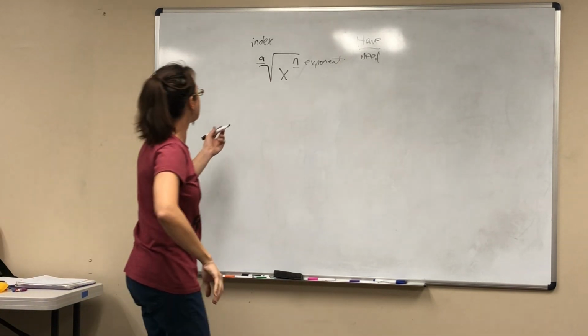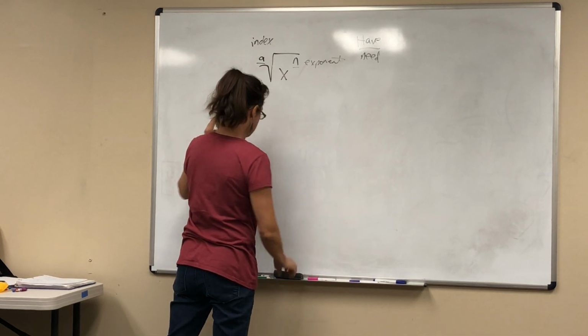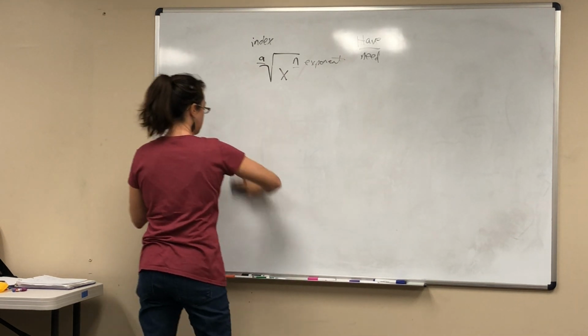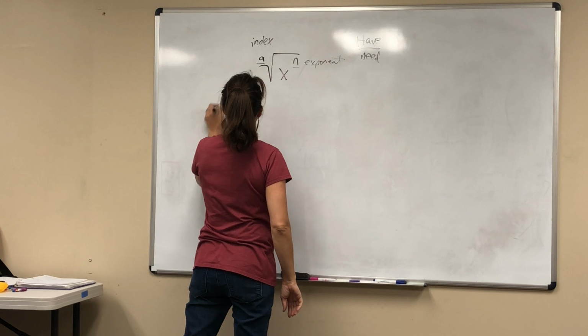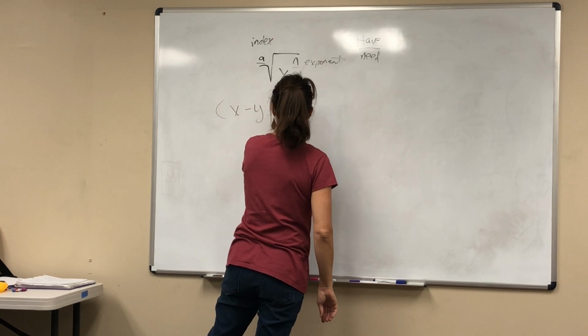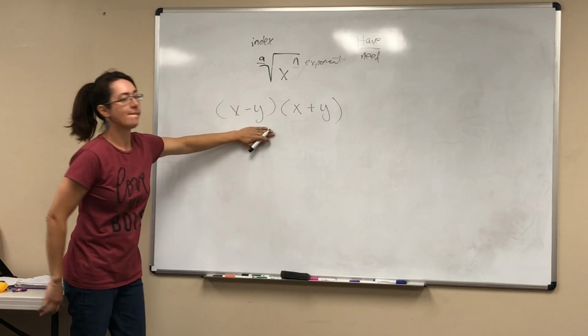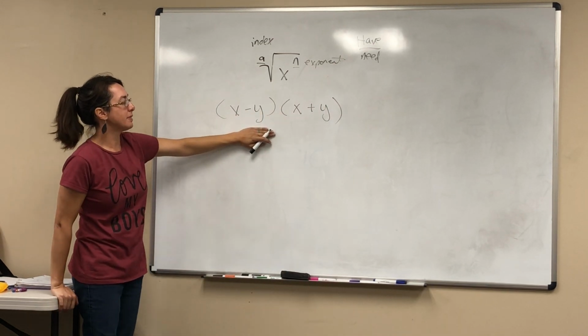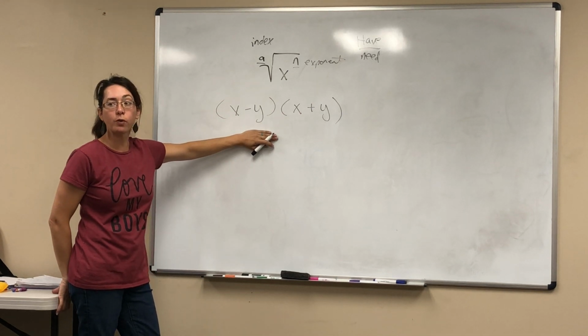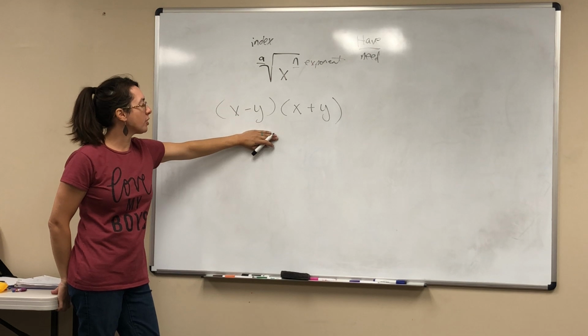Okay, so when we are looking at polynomials, x minus y times x plus y, and we use FOIL, correct? First, outer, inner, last.